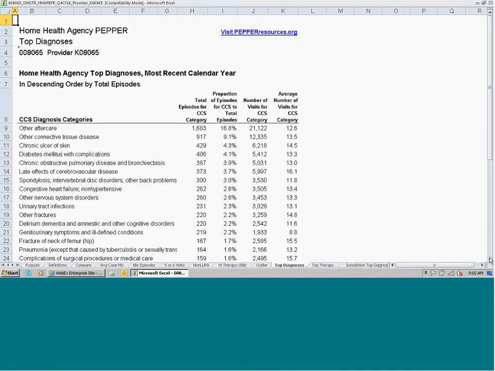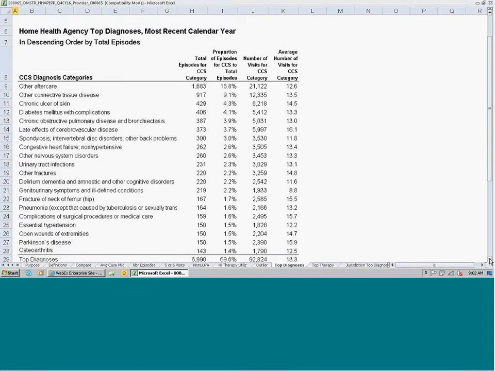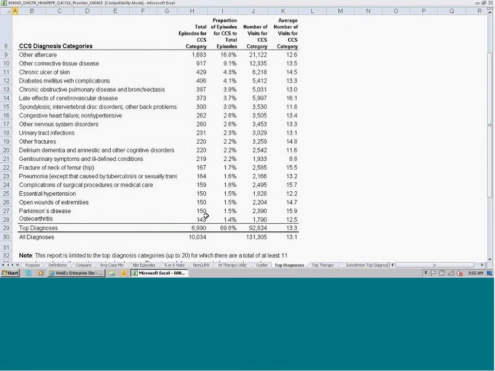This report will display up to 20 categories as long as there are at least 11 episodes. We have some summary statistics here on the bottom row for the top diagnoses and then all diagnoses. So we can see that the top 20 diagnoses reported here represent almost 70% of all of the episodes.